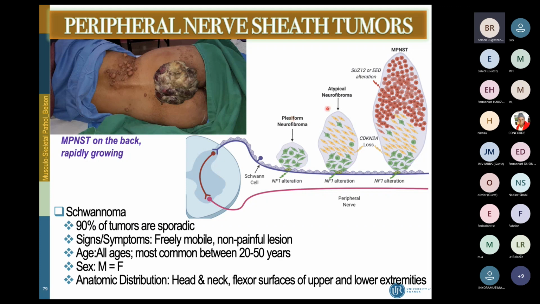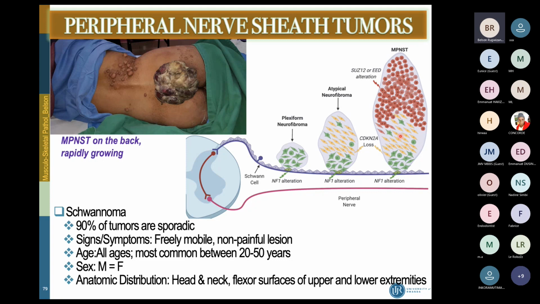So iyo nayo ishobora guhindukamo atypical neurofibroma, then at the end igahindukamo malignant peripheral nerve sheath tumor, MPNST. So these are very common in our settings. So turazibona kenshi, but it is as if we diagnose them by exclusion.